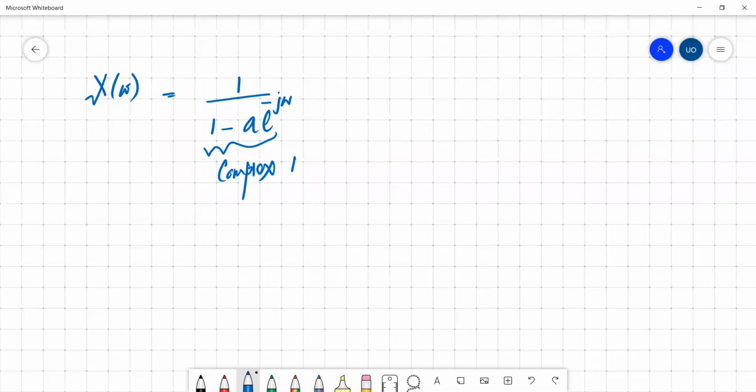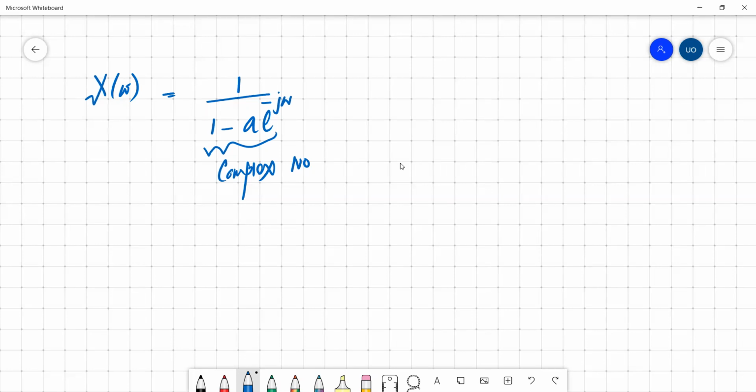If you have a question, just interrupt me and ask. The denominator is a complex number, so you can simply convert it to magnitude and phasor format.